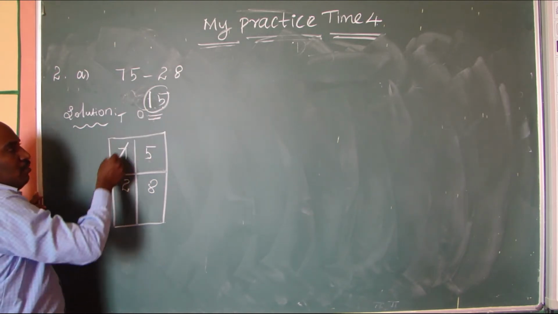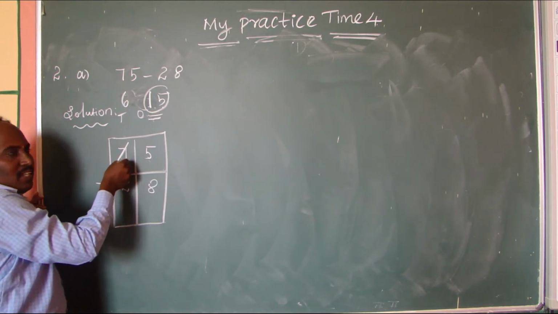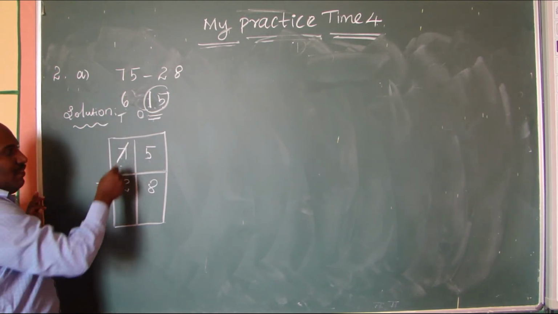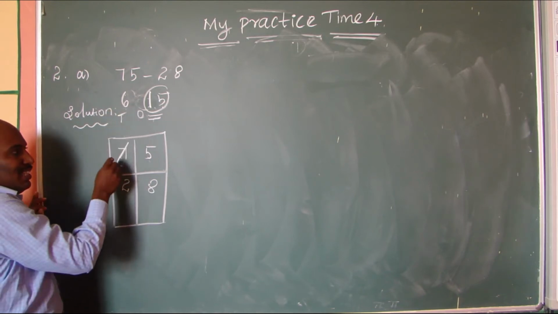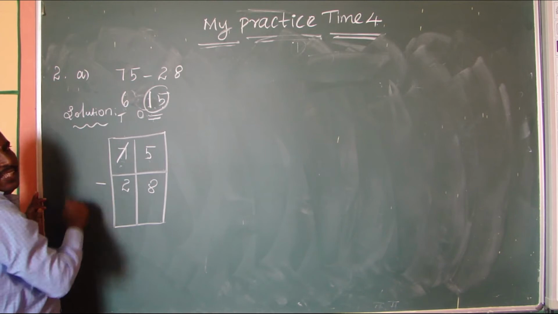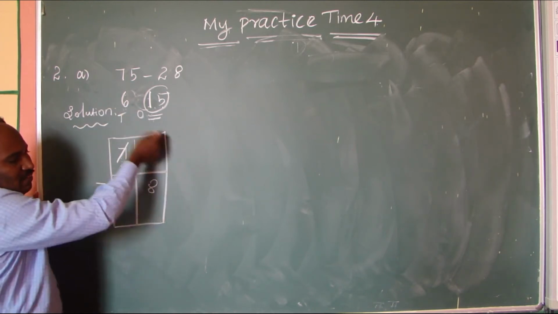Here 7, borrow 1, means 7 becomes 6, because 7 minus 1 is equal to 6.